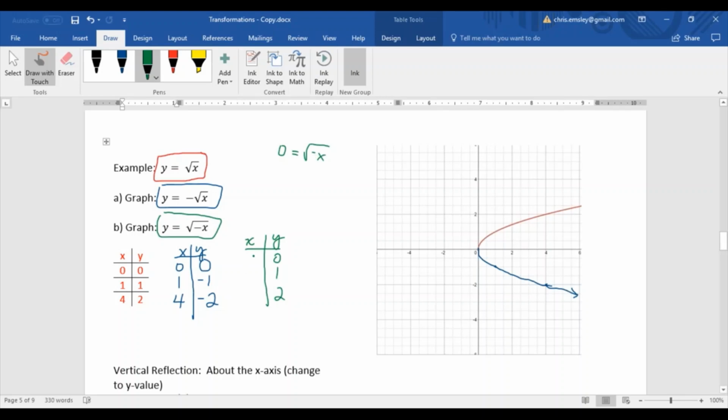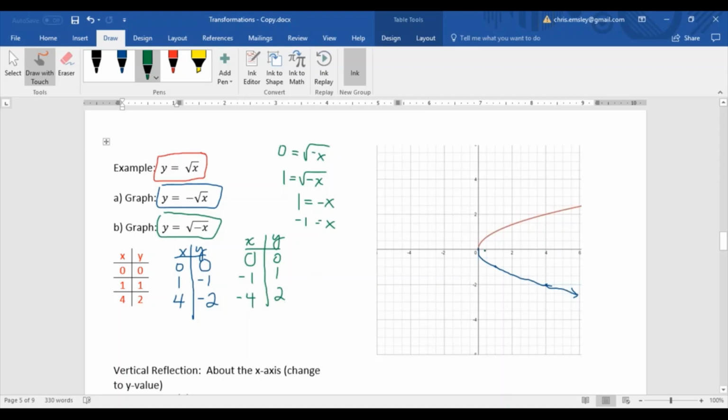Negative sign doesn't really matter. It's going to be 0. What if y was 1? What value would I need for x? To get 1, y, square both sides. Multiply both by negative 1. So x would have to be negative 1 to get a y value of 1. And again, I could do that for the y equals 2, it's going to end up being negative 4.